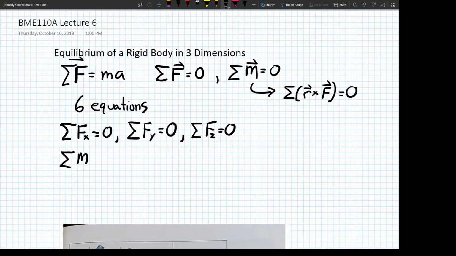So the x components of the moments has to be 0 when you take the sum. The sum of all the y components of the moments is equal to 0. And same thing with the z components. So there we go. We've got 6 equations, and they can be solved for, of course, up to 6 different unknowns.